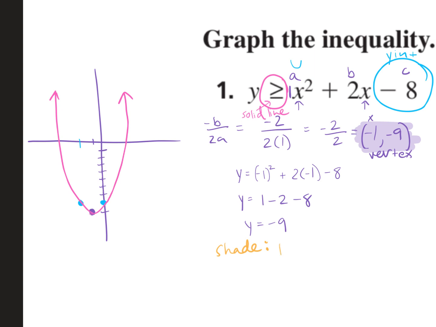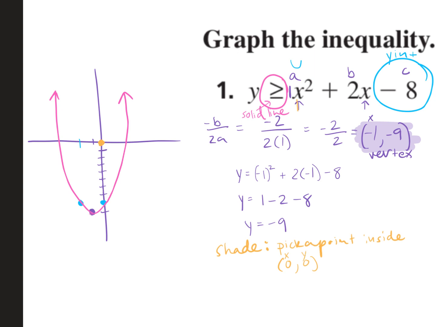So to shade, we have to pick a point inside to plug in. So I always like to pick 0, 0 if it's inside, because it's just going to be the easiest numbers to plug in. So I'm plugging in 0, 0. So 0 is going to go in for the x and for the y.